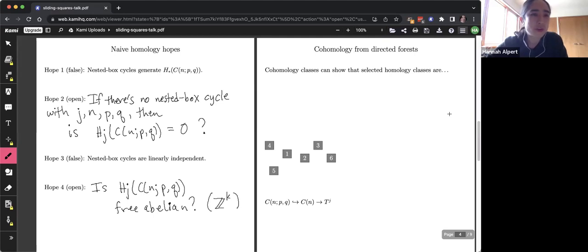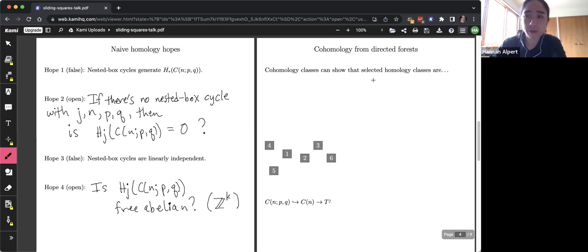Okay, so to talk about homology, it turns out we also want to end up talking about cohomology at the same time. It's not really a separate question because it's always helpful for us to be able to pair cohomology classes with homology classes. So if you want to prove something about homology classes, you might want to use cohomology.